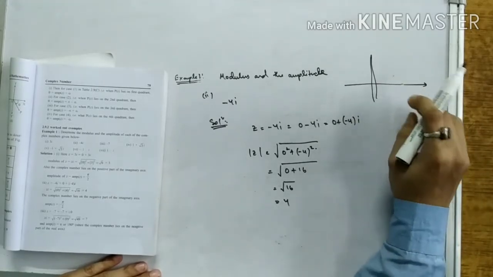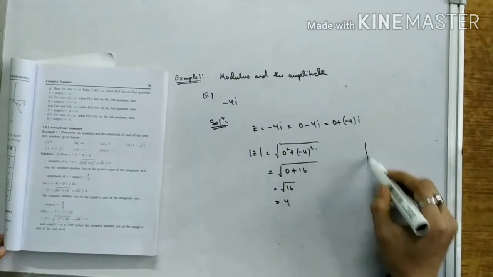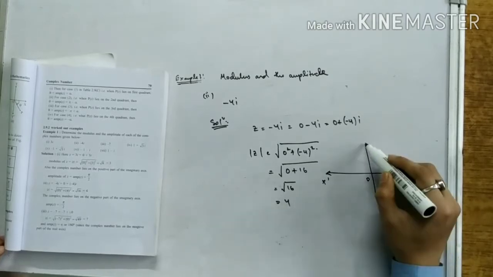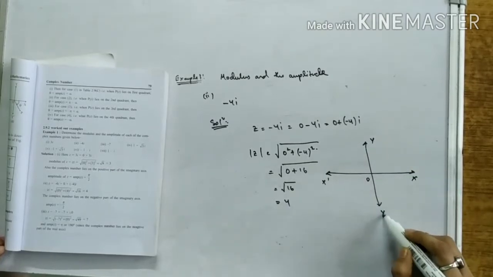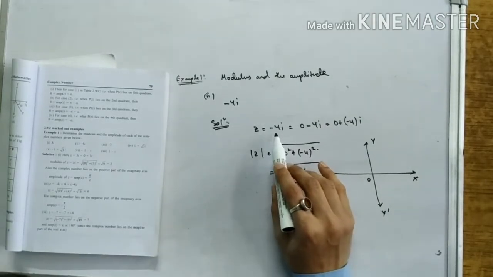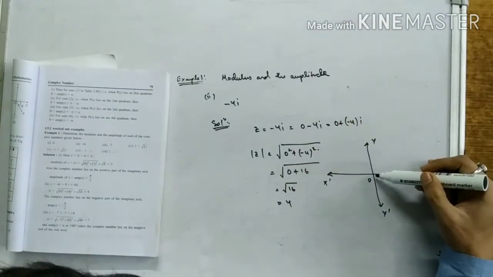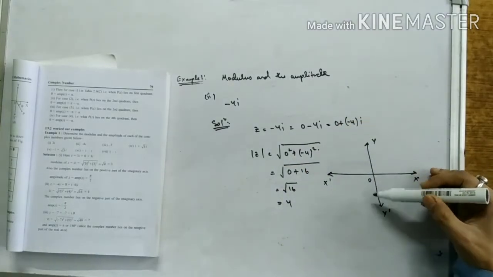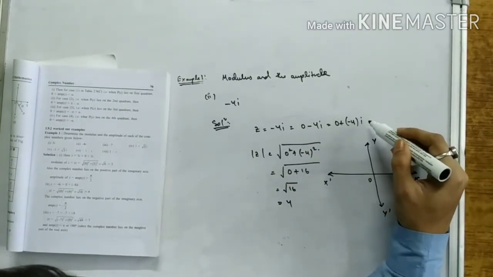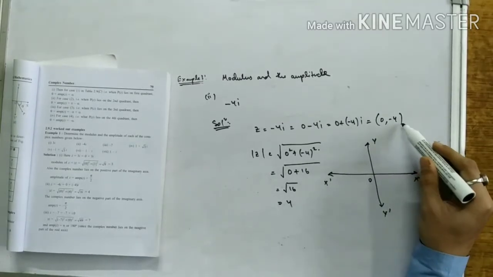This is your complex plane, x o x dash and y o y dash. So this is minus 4i, so it lies on the negative part of the imaginary axis. Its ordered pair will be 0 comma minus 4.